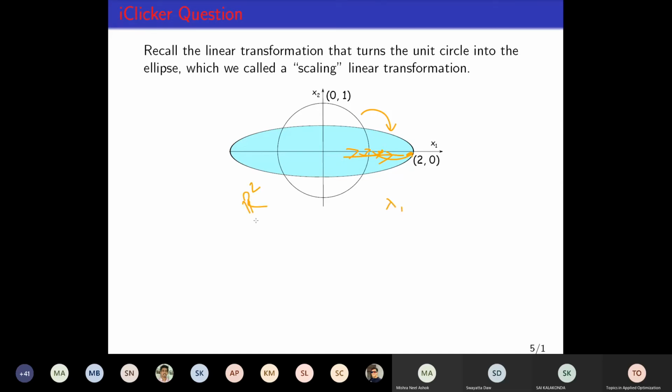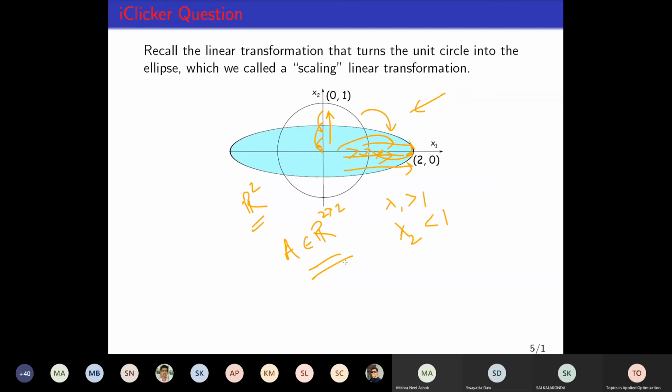This is an operator in R2, so the matrix will be 2 by 2. Geometrically, there is one eigenvalue along this direction which is greater than 1, which is why vectors are getting stretched, and the other eigenvalue, lambda 2, is in this direction and it is contracting, less than 1. Vectors that were here are now mapped here. So elongation and contraction can be viewed in terms of eigenvectors.